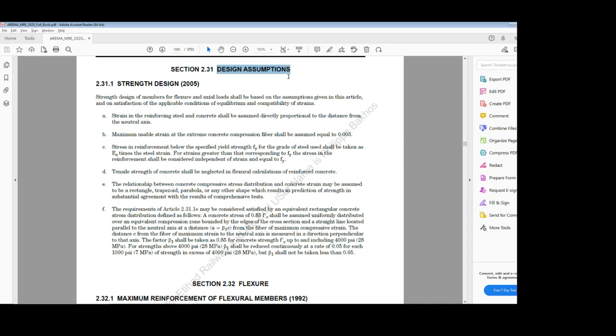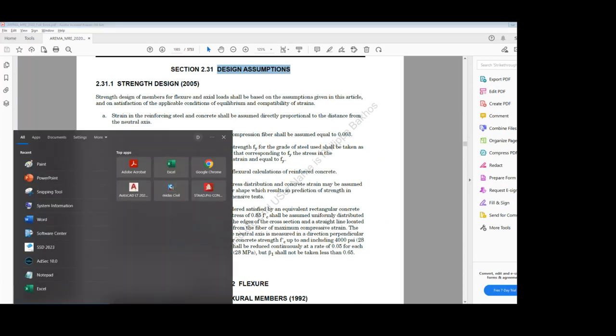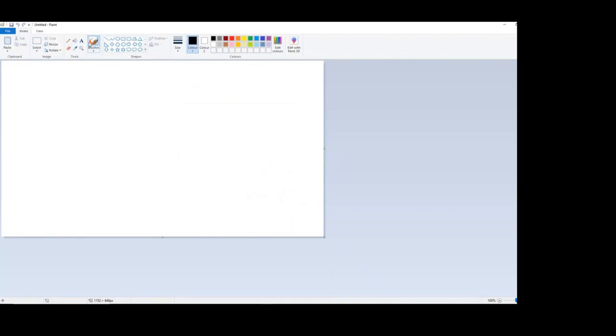Design assumptions are much more important for the design of any structure. If you read it you will get to know that the stress block diagram is a rectangle. In Indian standards, the concrete stress block diagram is parabolic plus straight.